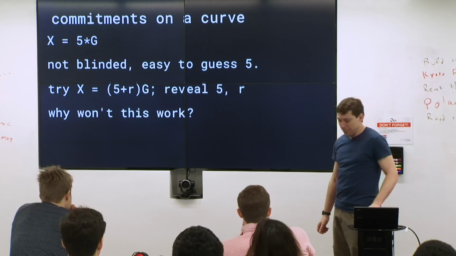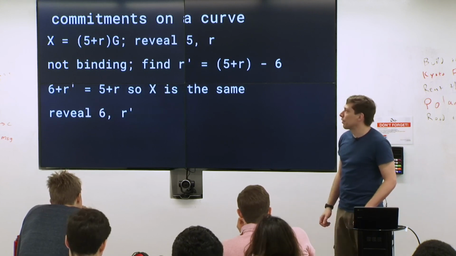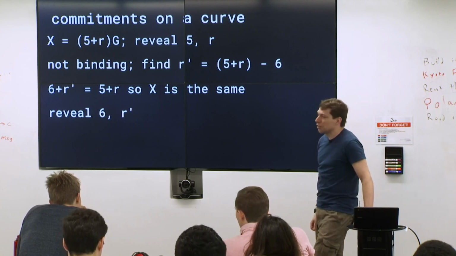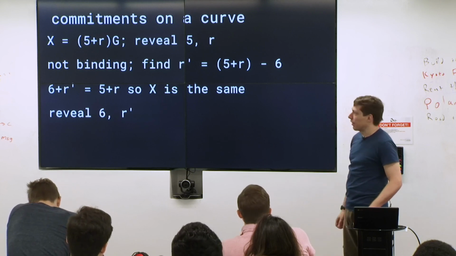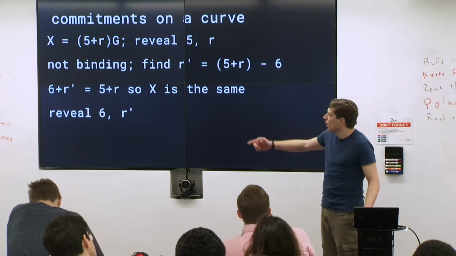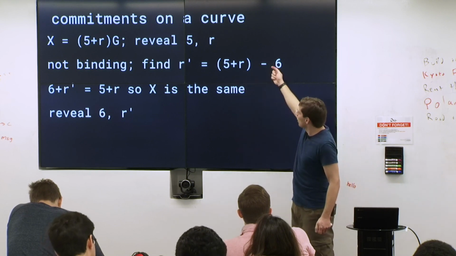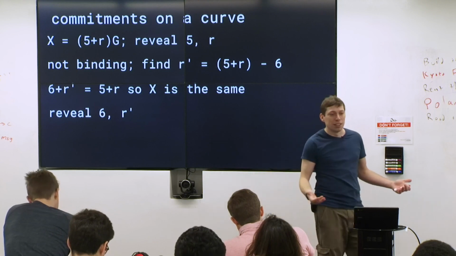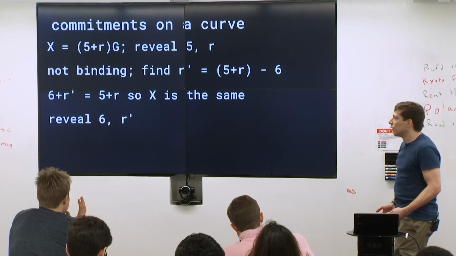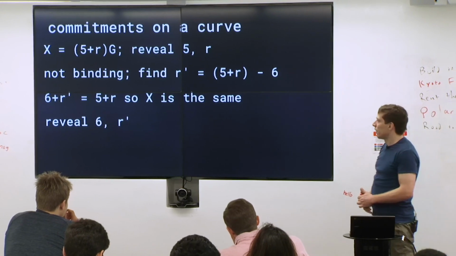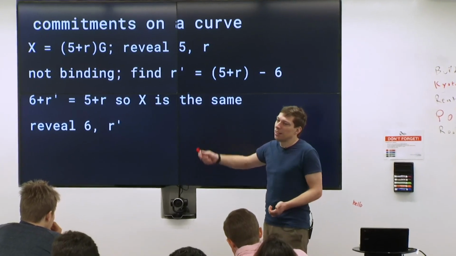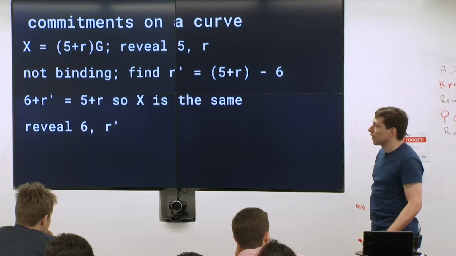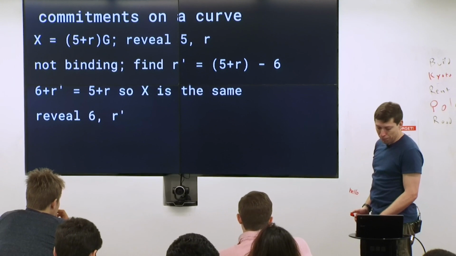I committed to 5 plus r, I revealed 5 and r, but it's not binding, right? I can just find r prime, which is 5 plus r minus 6, and then 6 plus that r prime is 6 plus 5 plus r minus 6, which is 5 plus r. I can just compute whatever r prime I want and whatever number I want to reveal later. So this isn't binding anymore, right? I'm now adding a random thing in, and I'm committing to the sum of the thing I want and a random thing, but it's not binding because that addition I can play with.